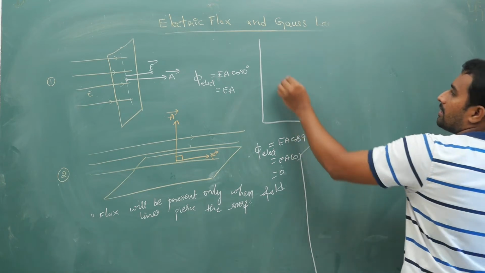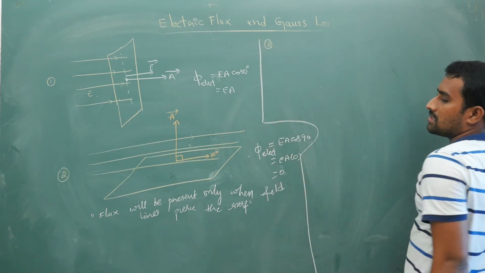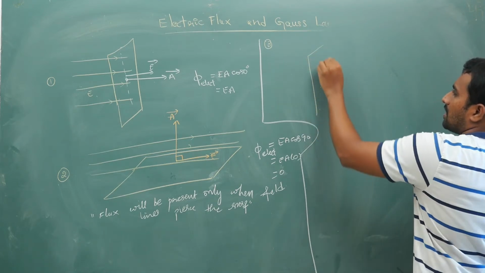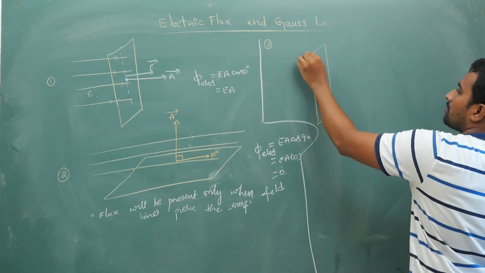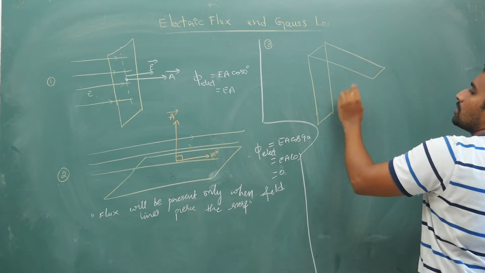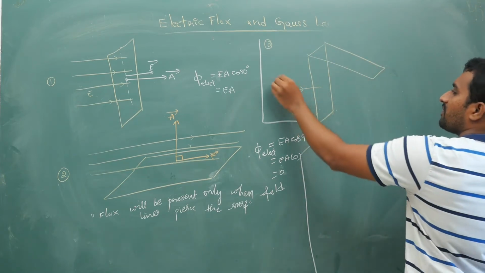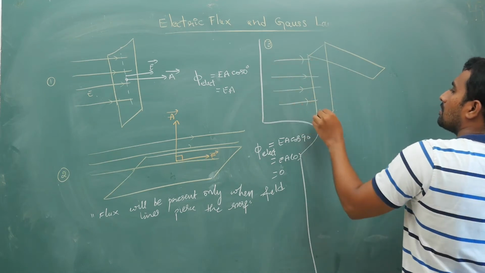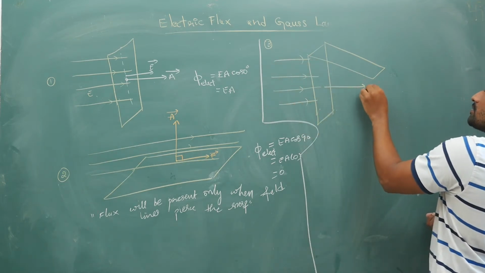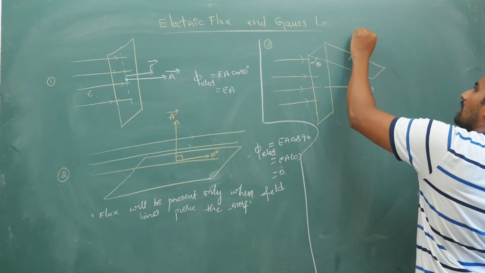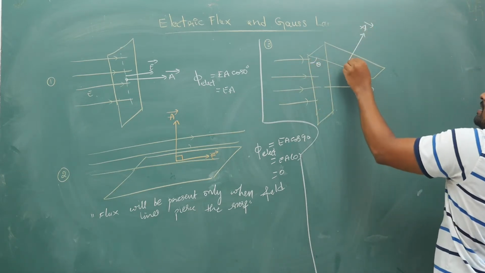Okay, right? Next, your third case is, let us say you have a surface like this, but you have tilted it like this. So in this case your electric field lines are like this. Now your E bar is this way, and if you are tilting by angle theta, your area vector also will tilt by theta.